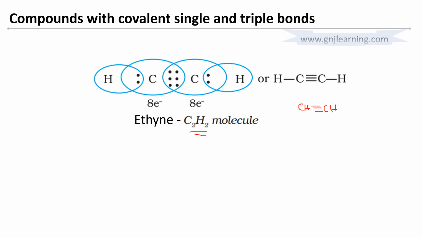In this compound, carbon and carbon are sharing 3 pairs of electrons between them, which makes 6, and the remaining pair will be shared with hydrogen. Clear? In that way, carbon has attained its octet and hydrogen has attained its doublet.